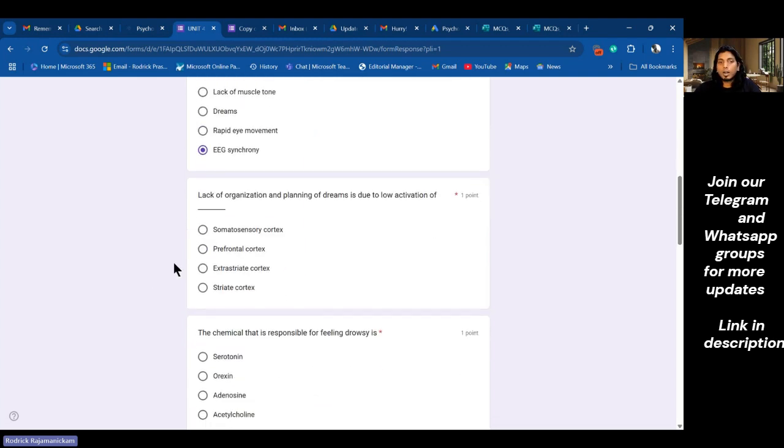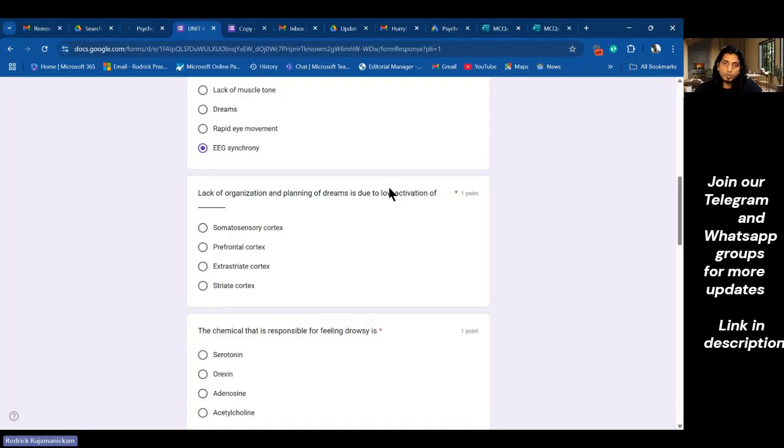So lack of organization and planning of dreams is due to low activation of the prefrontal cortex. During REM sleep, only the limbic system gets activated a little bit, along with a little bit of the surrounding medial temporal lobes, but the prefrontal cortex is not activated. So that is why your dream seems very weird. Suddenly you are in a classroom and then suddenly you are in your home and back to the classroom.